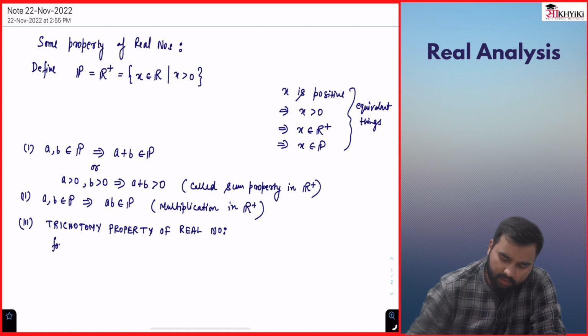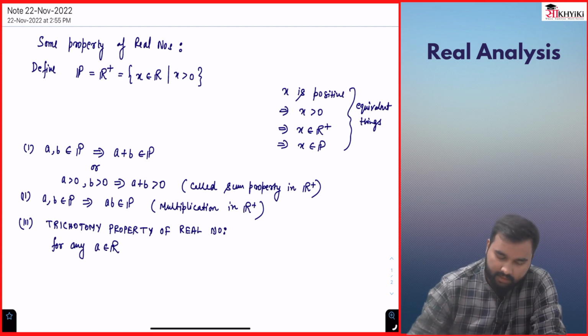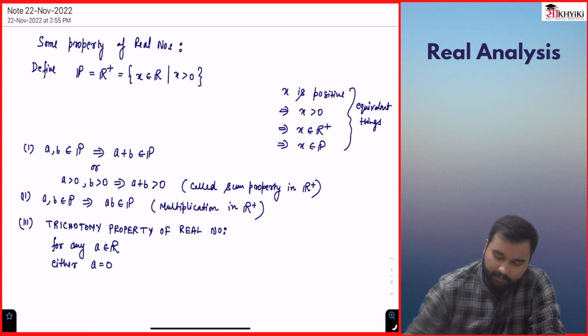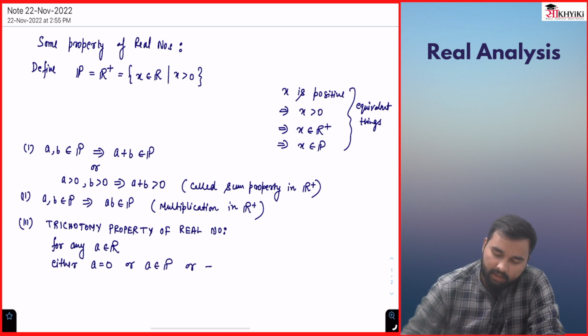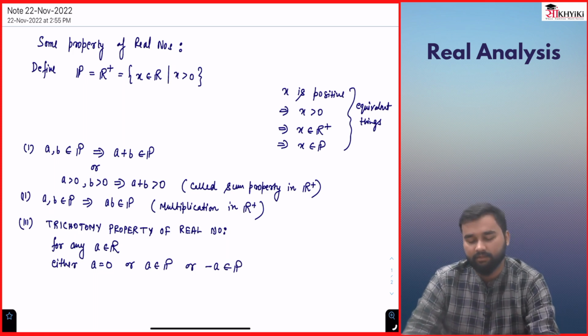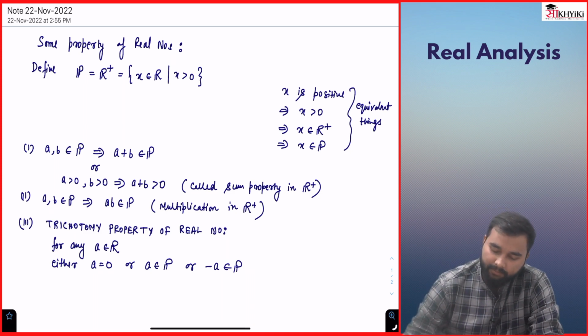Which is, for any A belonging to the set of real numbers, either A is equal to 0, or A belongs to the set P, which means A is a positive real number, or negative of A belongs to the set P. Because if A is negative, what does it mean?